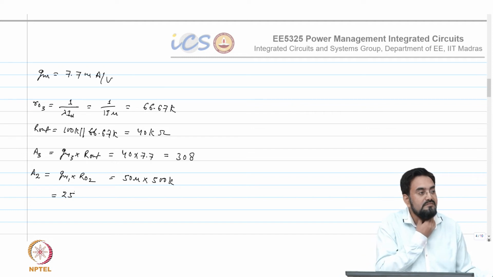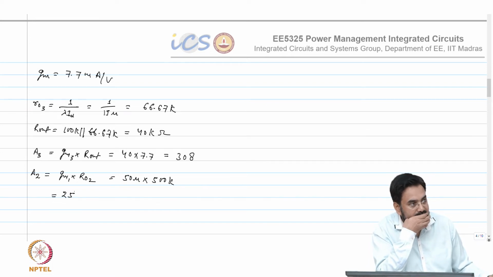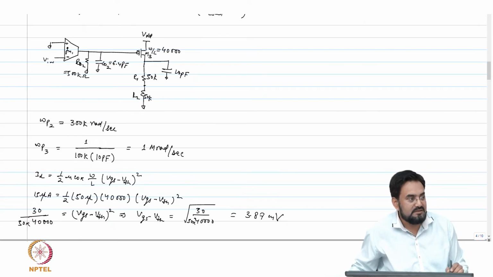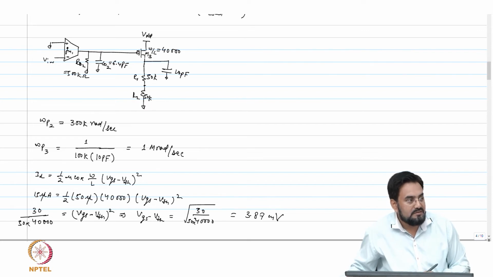Calculating omega P3, why didn't we include the output resistance of the MOSFET? Why? Because at that node you have two resistances, huh? No, but it is 100K and won't it be parallel to? Yes, so that is parallel with the RDS of your transistor.